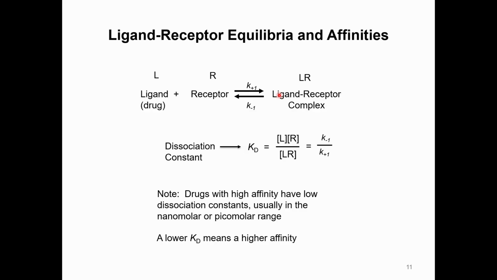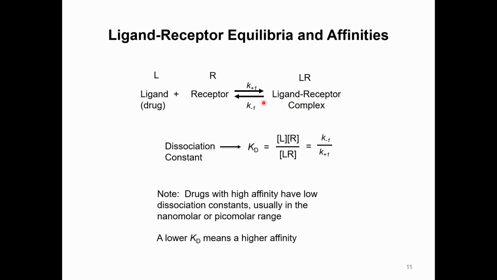So, we have to think in terms of potency about ligand receptor equilibria. And you've seen stuff like this before, where you have the ligand that's added to a system where there are receptors present, and you get ligand receptor complexes. That's binding of the ligand to the receptor. And so there's a forward rate, K plus 1, and then there's a reverse rate of dissociation, that's K minus 1.